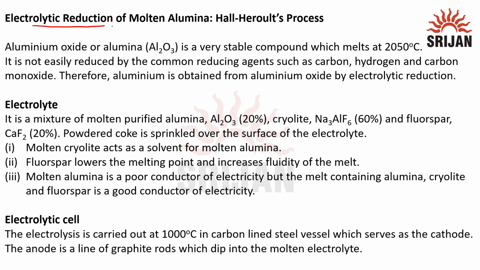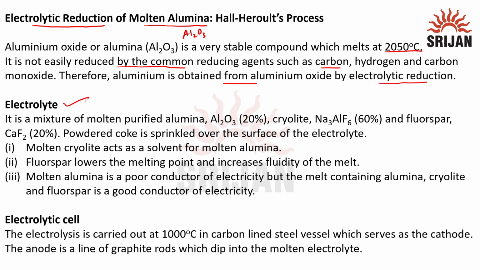We simply do the electrolytic reduction of the molten alumina, Al2O3, which is also known as the Hall-Héroult process. Aluminium oxide is a very stable compound which melts at 2050 degrees Celsius, and it is not easily reduced by common reducing agents such as carbon, hydrogen or carbon monoxide. Therefore aluminium is obtained from aluminium oxide by electrolytic reduction.